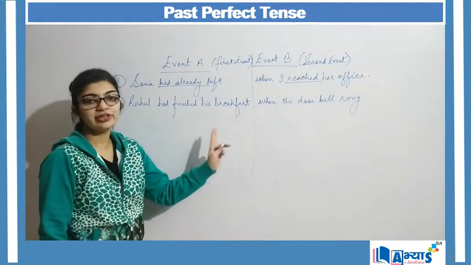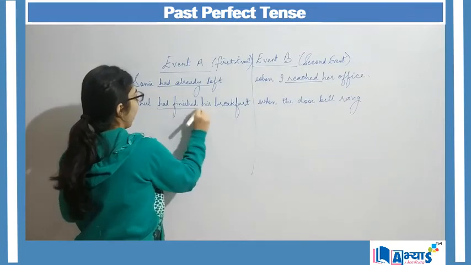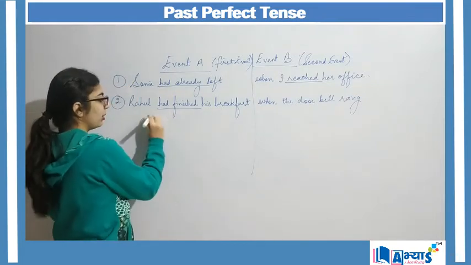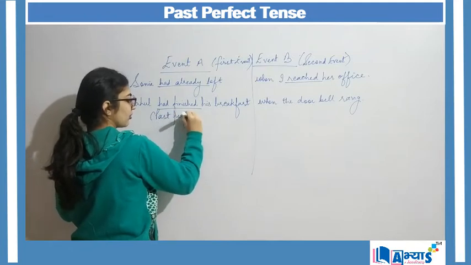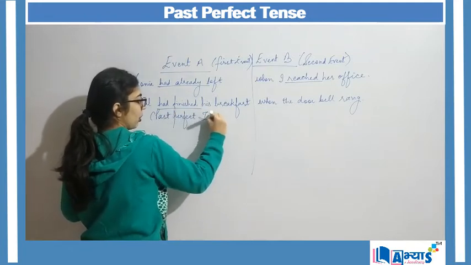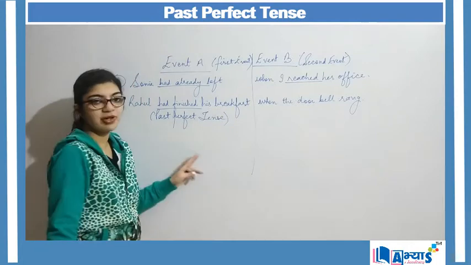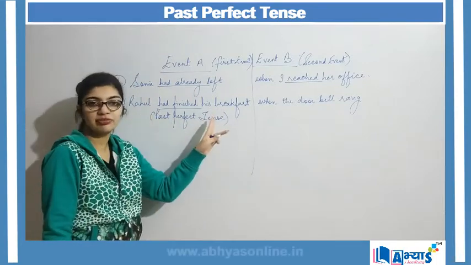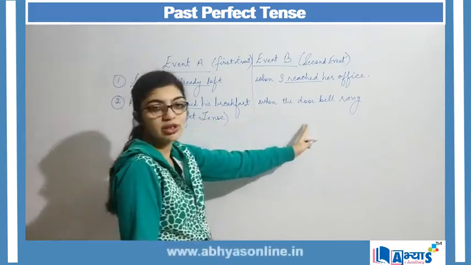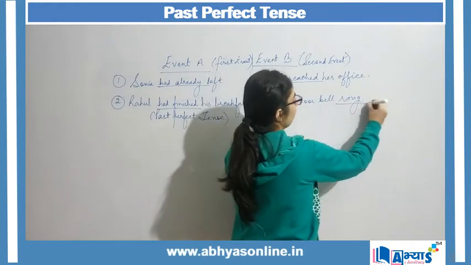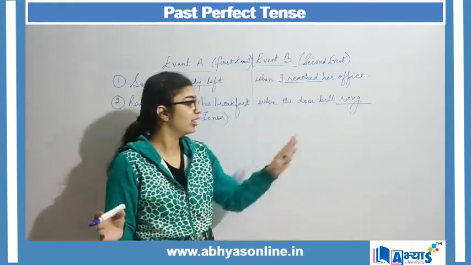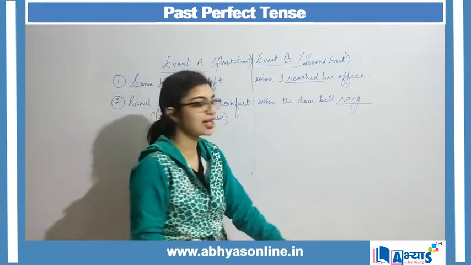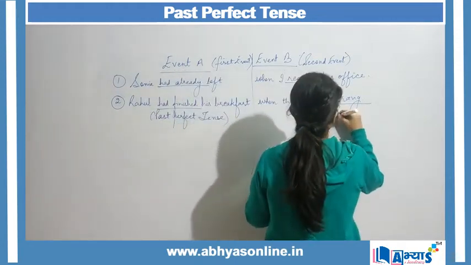Rahul had finished his breakfast. Had finished is again an example of past perfect tense, because the rule to identify past perfect tense is had plus the third form of verb. When the door bell rang, without any has, have, had, is a simple past tense. So rang is simple past.